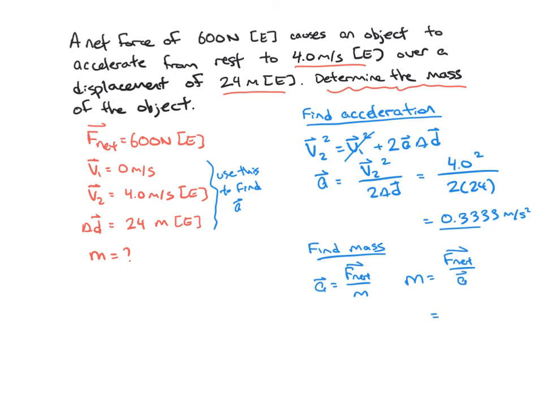And I can fill in the values. 600 divided by 0.3 repeated, which is really large. It's 1,800 kilograms to 2 sig figs. That's quite large. Oh well, that's going to be the answer.